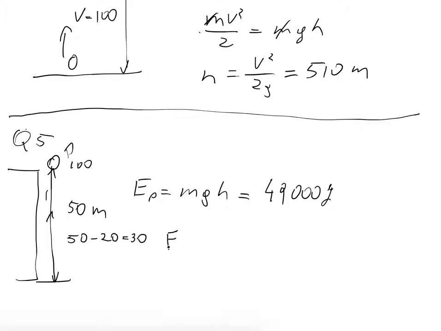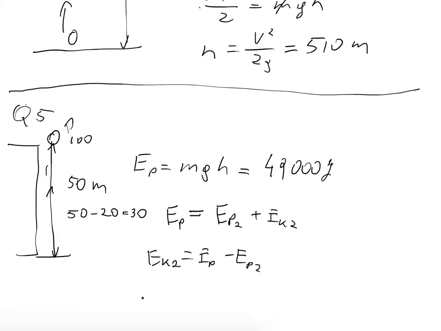So we get that EP will be equal to, so that's our original potential energy, will be equal EP2, so that's height of 30 meters, plus EK2. So we can rewrite this that kinetic energy EK2 will be equal to EP minus EP2. So we subtract potential energies, that will give us the kinetic energy at that height.